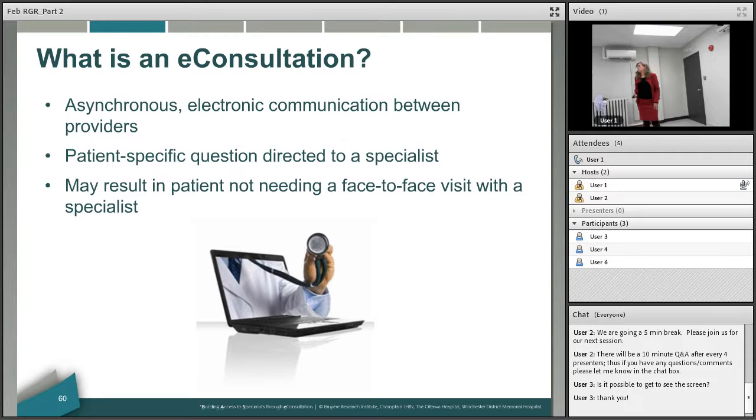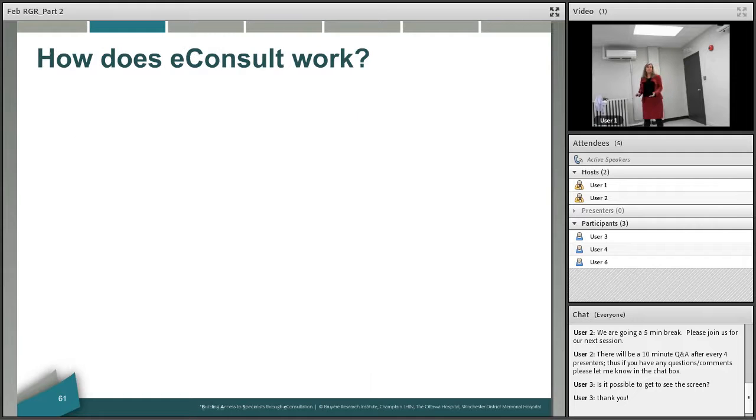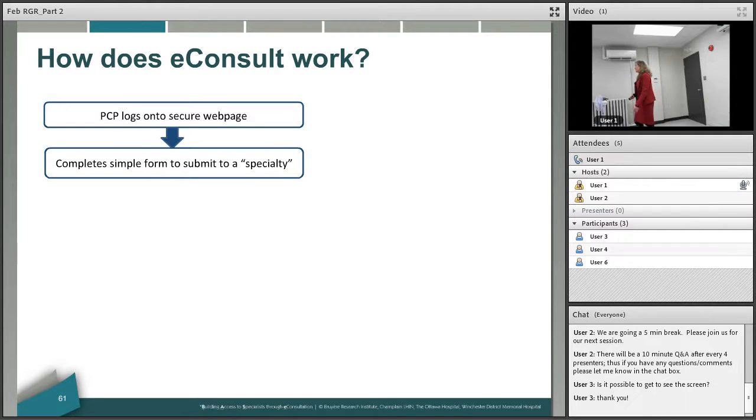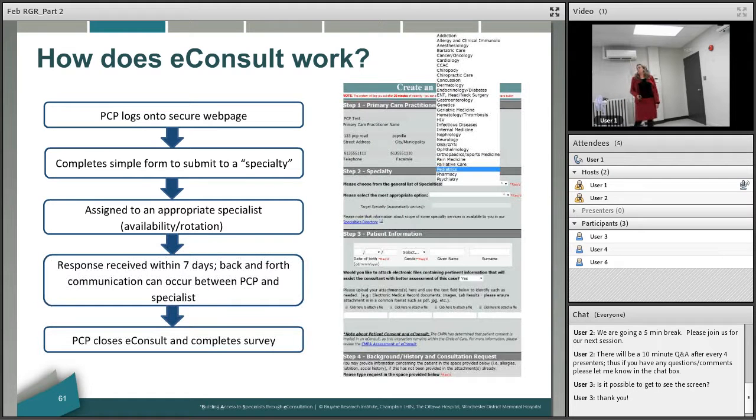So what did we do with colleagues? Created an e-consult service. It basically allows me as your family doctor to communicate to any number of specialty groups and ask the question and potentially avoid your face-to-face referral, but at least get the response much more quickly than that several months wait. How does it work? Very, very simple. You go onto a portal, you log on.